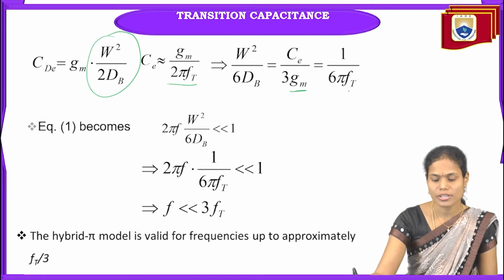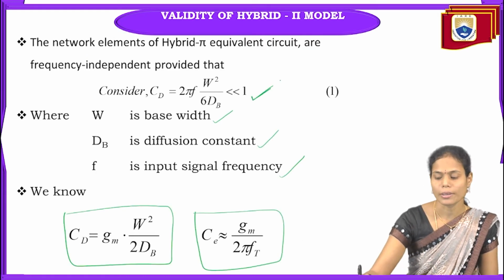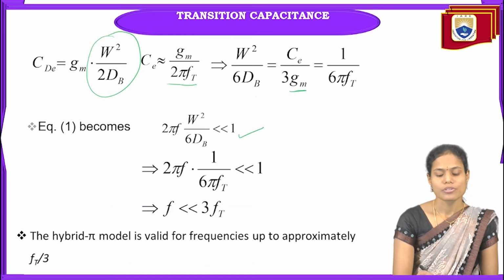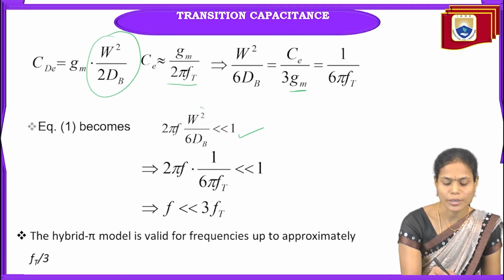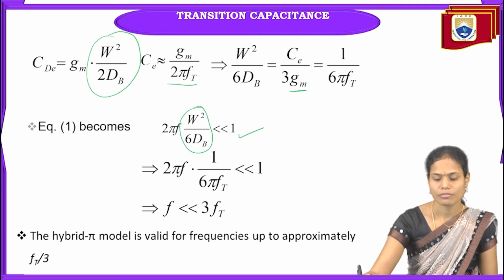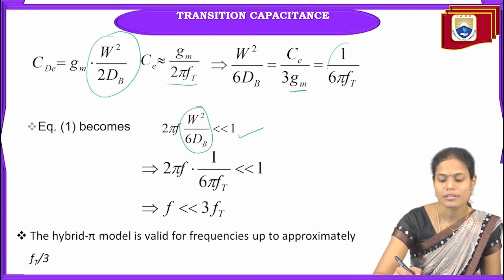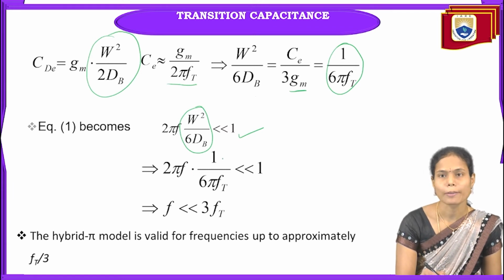Now in this case, our equation 1 will become less than 1. I am substituting the value of W square by 6 Db, and that value is 1 by 6 pi ft. So 2 pi f into 1 by 6 pi ft is less than 1.